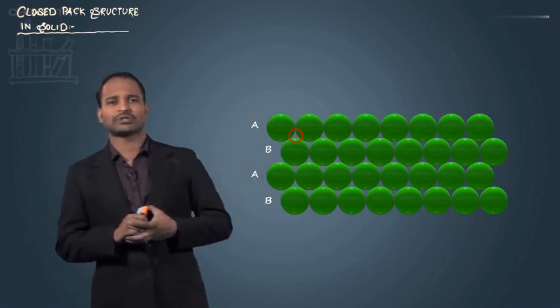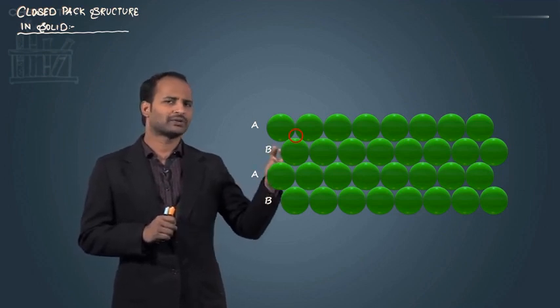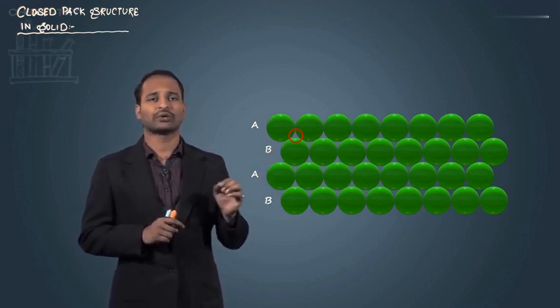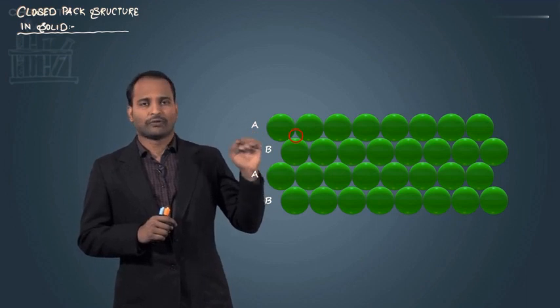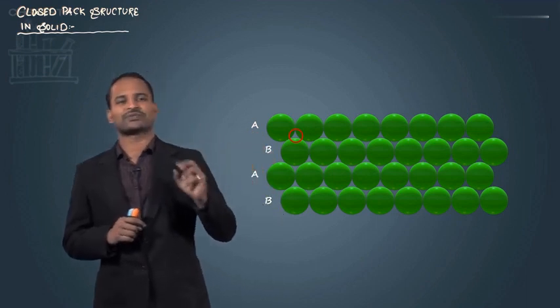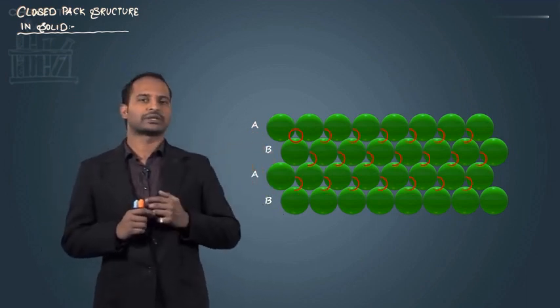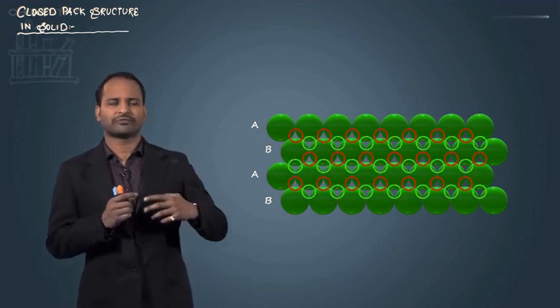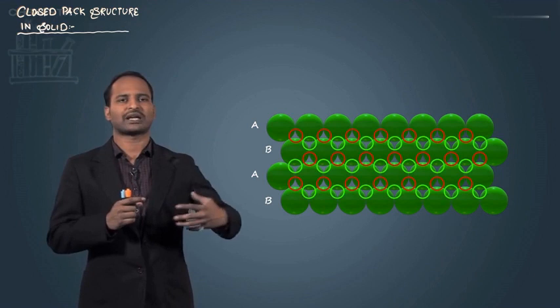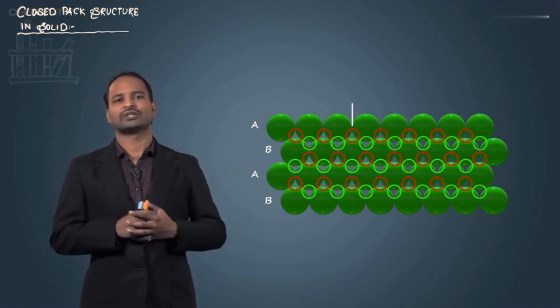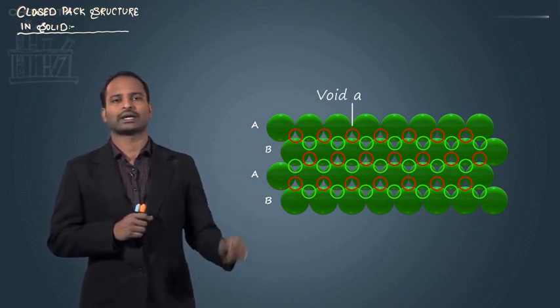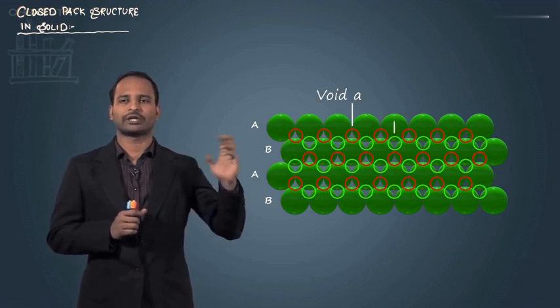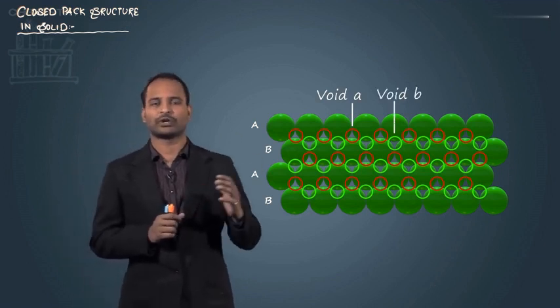Now in this two-dimensional hexagonal close pack layer, you can see that we have trigonal voids. The voids are the space left between the particles. A trigonal void is triangular in shape. I'm dividing them into two categories: some voids are pointing upward, while some are pointing downward.